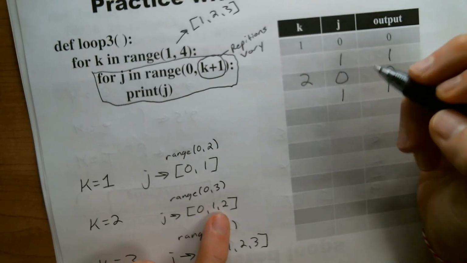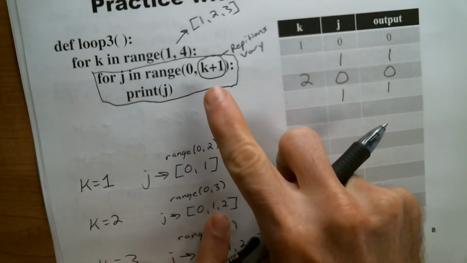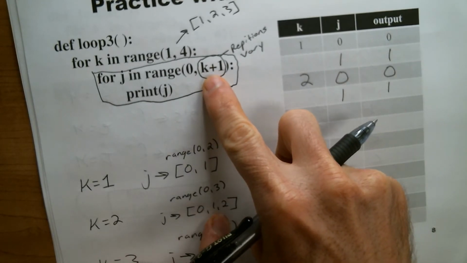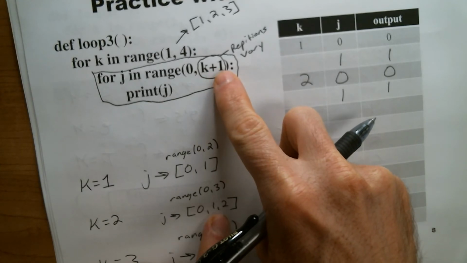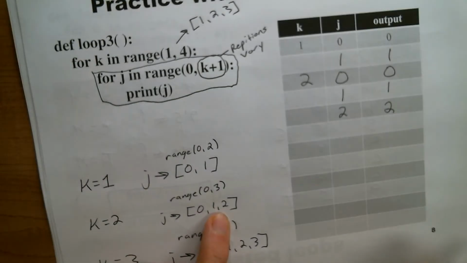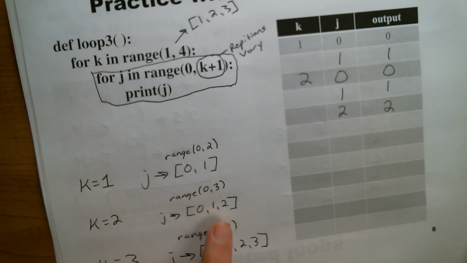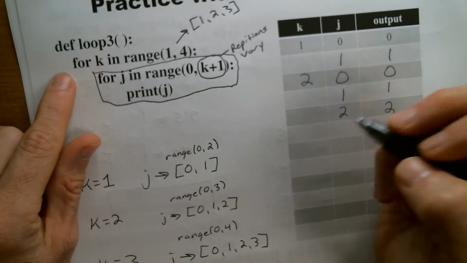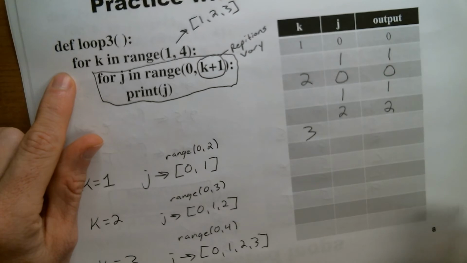This time, J is going to get up to 2, because again, when we did this calculation, it was no longer 1 plus 1, it was 2 plus 1. So J is going to get up to 2. We're going to print out a 2. At this point, the inner loop is going to be complete. So we go back to the outer loop, which allows K to change to 3.